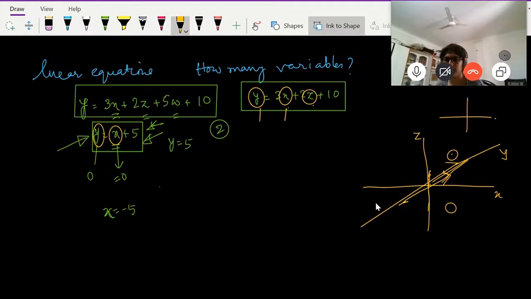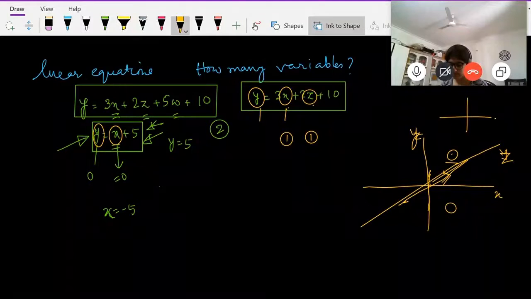So which means that, let's say, I take it like this. So I take one step in the x direction, one step in the z direction. So let's say x and z are the floor. Let this be z and this be y. So x and z are the floor.